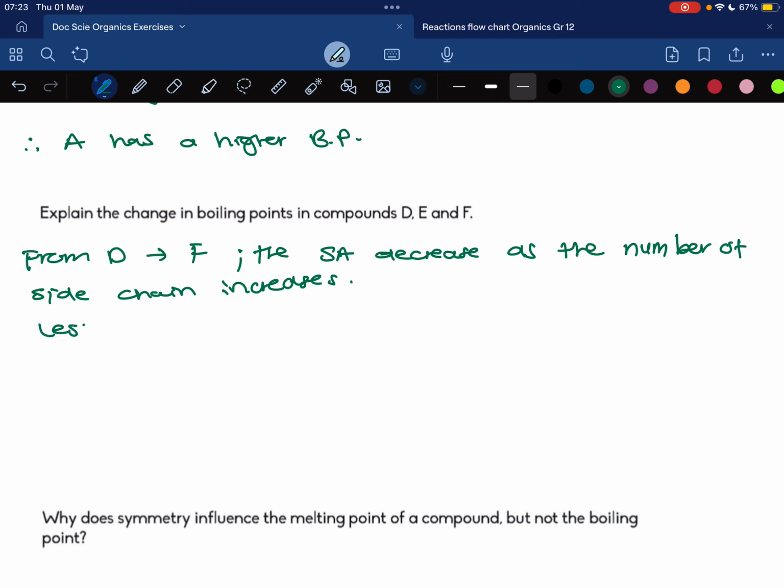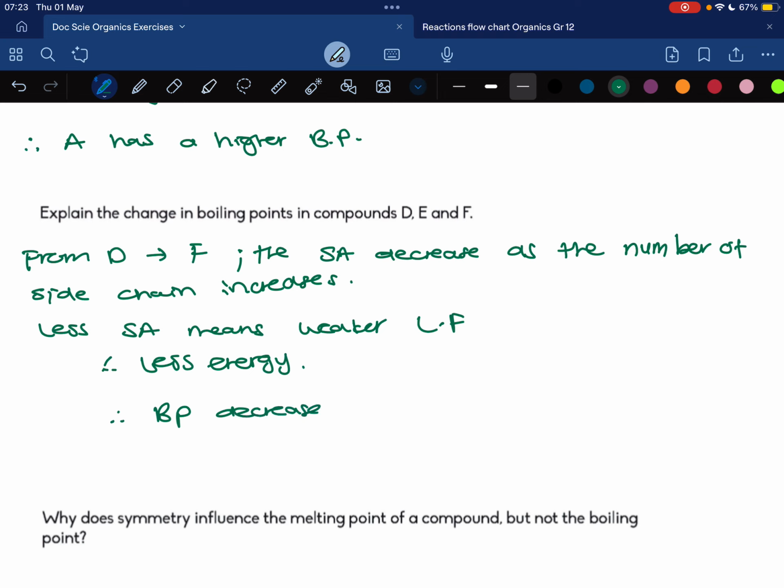So less surface area means weaker London forces, so therefore less energy is needed to overcome these forces. It says explain the change in boiling point, so you must say therefore the boiling point decreases from D to F.